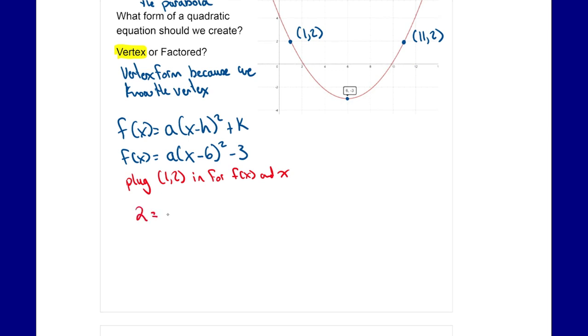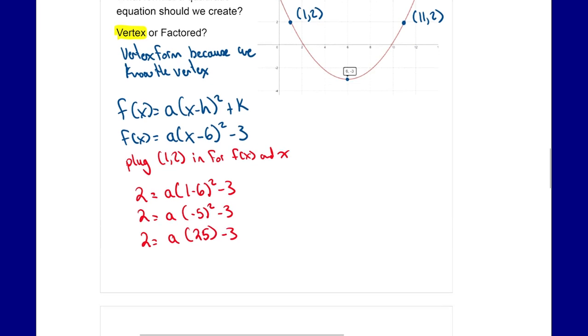So f(x), or 2, is equal to a times (1 minus 6) squared minus 3. 2 is equal to a times negative 5 squared minus 3. 2 is equal to a times 25 minus 3. I'm going to go through and solve this equation.